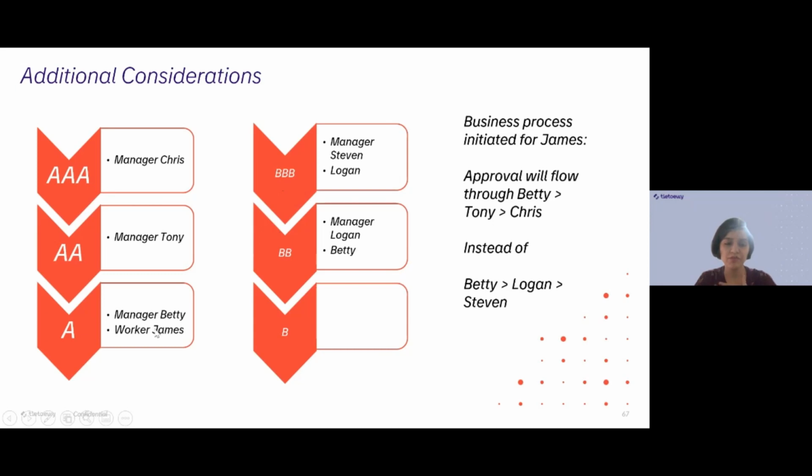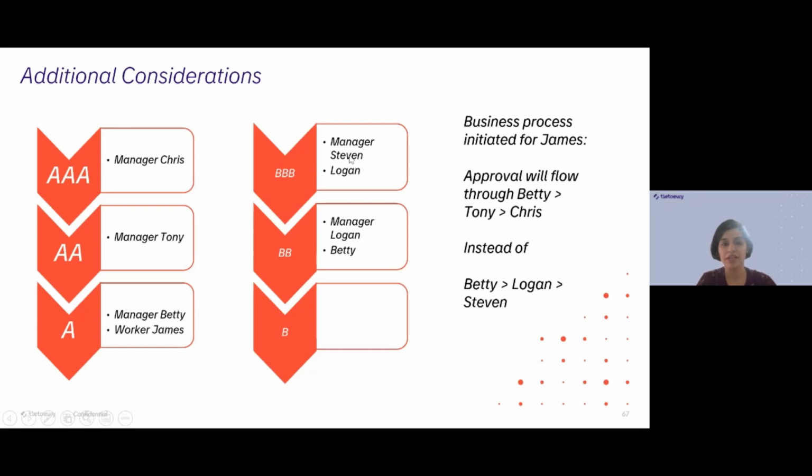Now, the worker that we have is James, and the manager here is Betty, and Betty herself sits in the supervisory org BB with manager Logan, and Logan herself is part of the supervisory org BB, where Stephen is the manager.